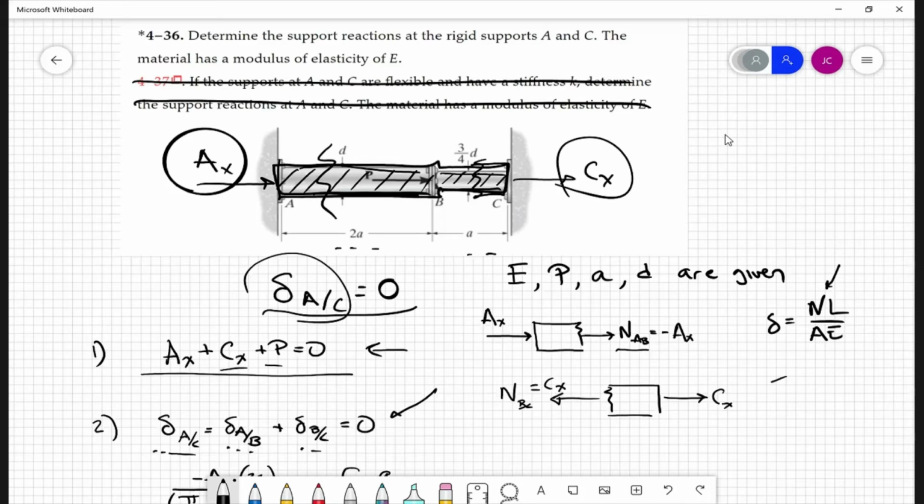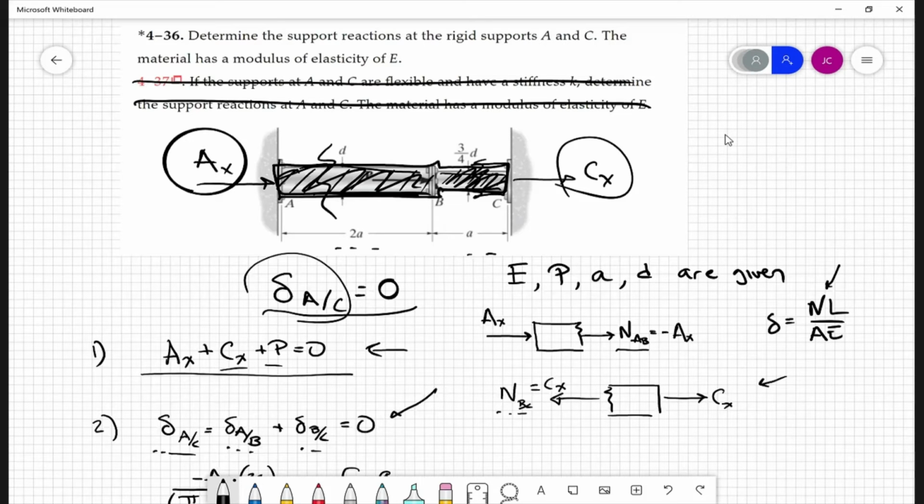And you can see that the internal force in section BC equals the support force CX. So now we know N in the first section is minus AX, and the internal force in the second section is positive CX.